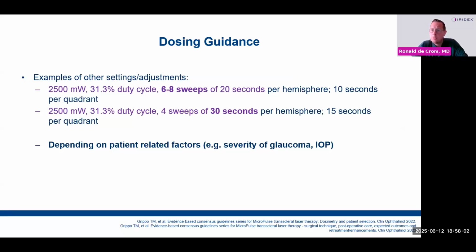So for example, instead of 20 seconds sweeping time per hemisphere, you can use 30 seconds. It depends on patient-related factors, the amount of IOP, and the severity of glaucoma. You can adjust the settings in order to get a bigger or a safer response.